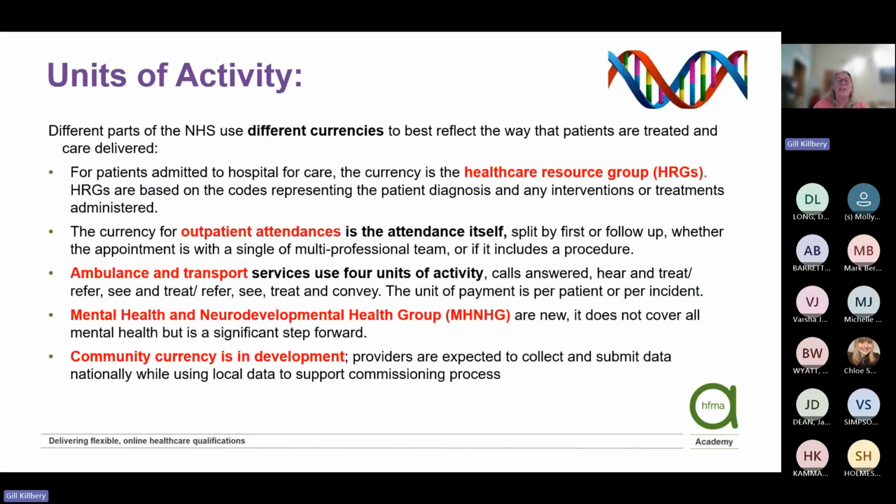While the same HRG could be assigned to patients admitted either electively or as emergencies, the cost of the treatment would be different, and different prices apply. There are around 4,000 different HRGs.